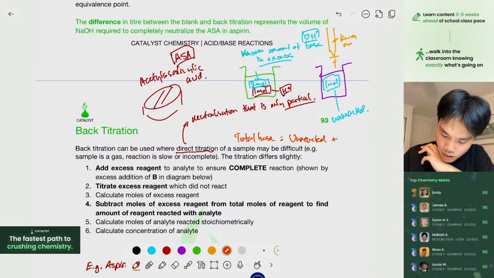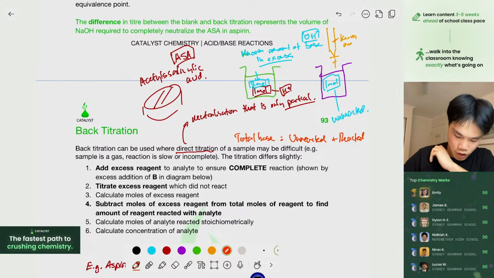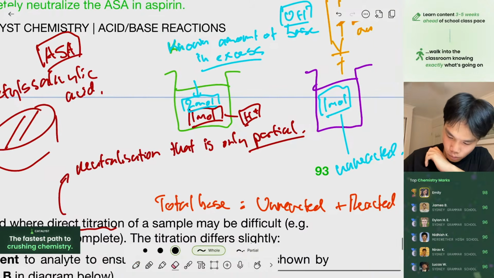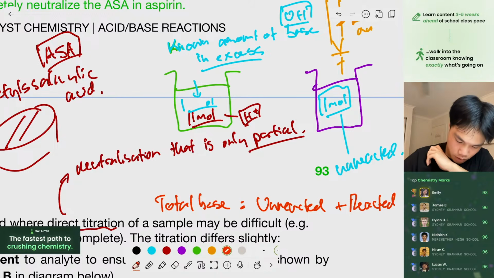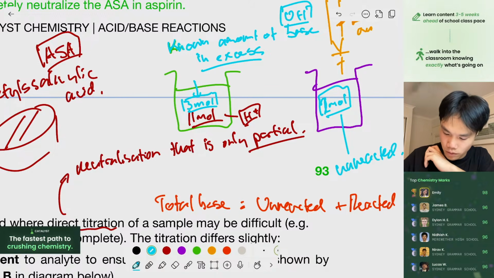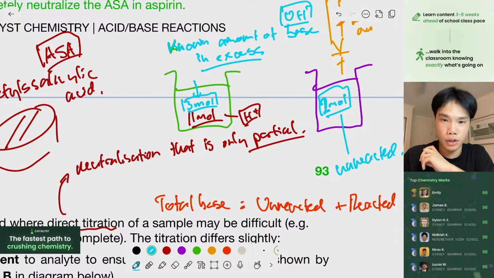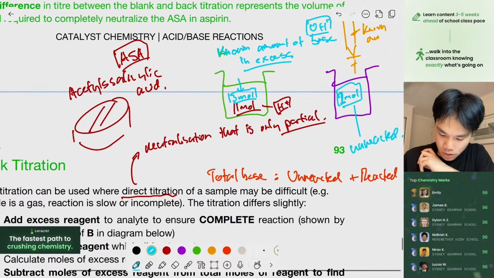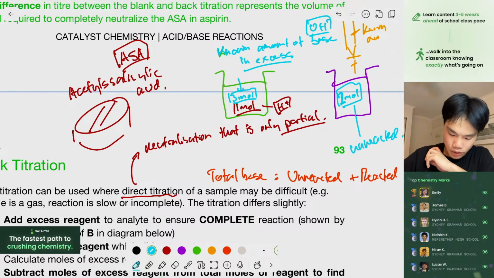by saying the total base is equal to the unreacted plus the reacted. Actually, I'm going to change the numbers to make it simpler, because 2 and 1 is a bit annoying. Let's change it to 3 moles, and then you would have 2 moles left over. That should be a bit clearer. 3 moles and 2 moles left over, because 1 mole reacted with the H+. So you can then work back, because the total base we knew was 3 moles.